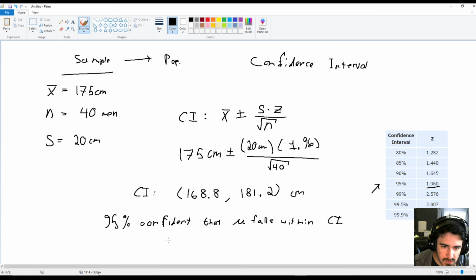Or in other words, we are 95% confident that the inequality 168.8 less than mu, which is less than 181.2, is true.